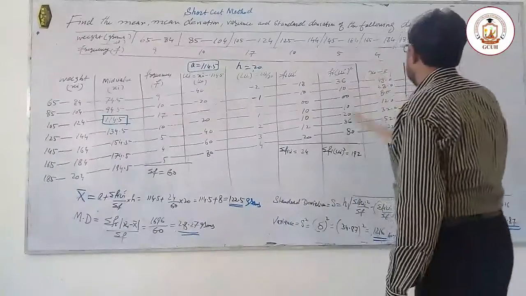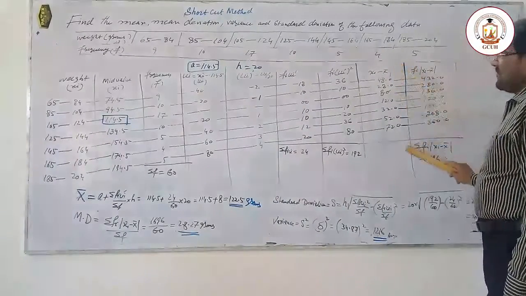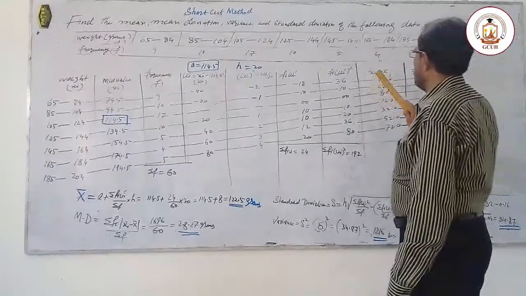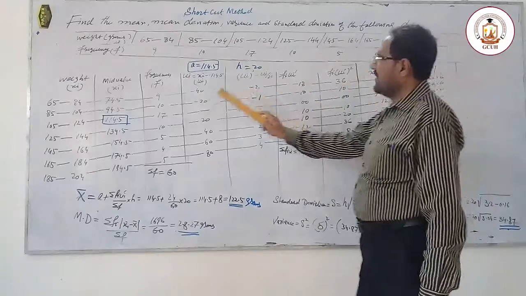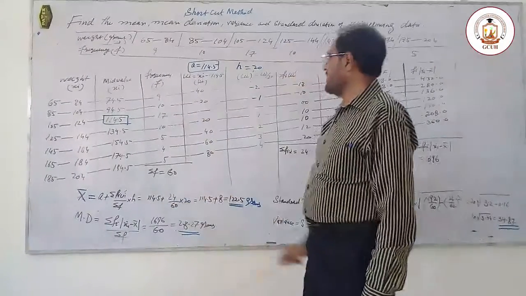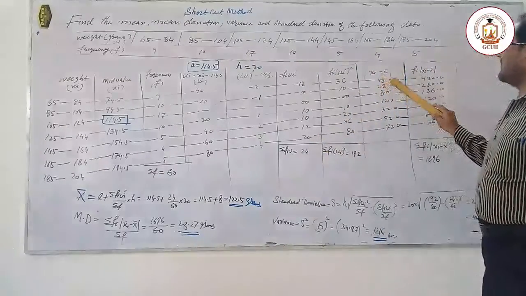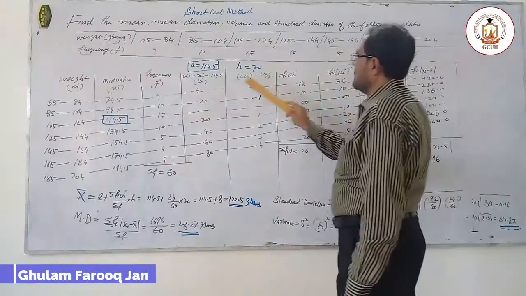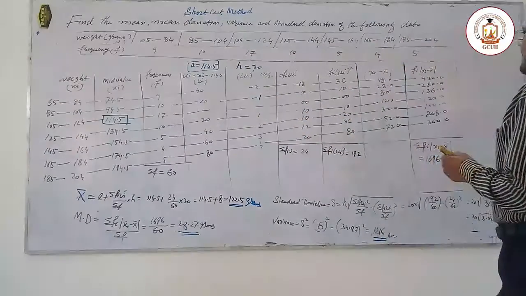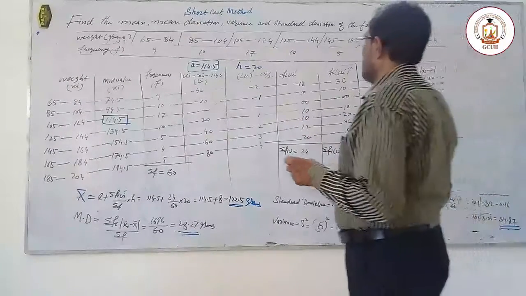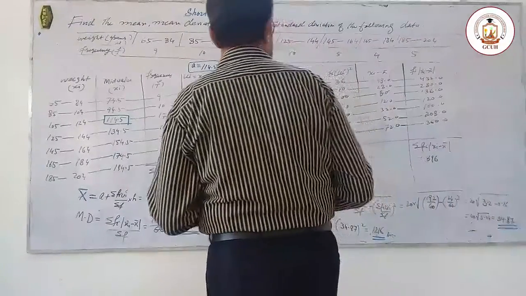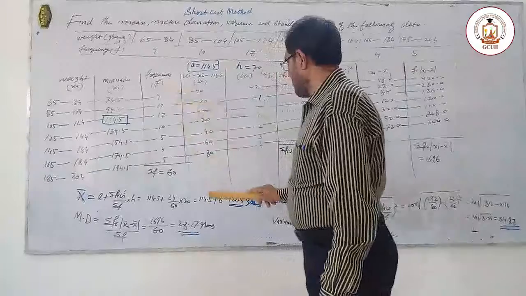And here we find the value for mean deviation. So first we find the absolute value of XR minus X bar.